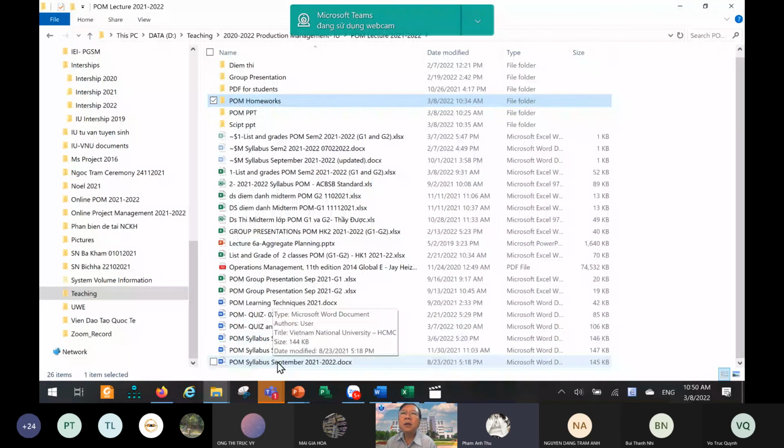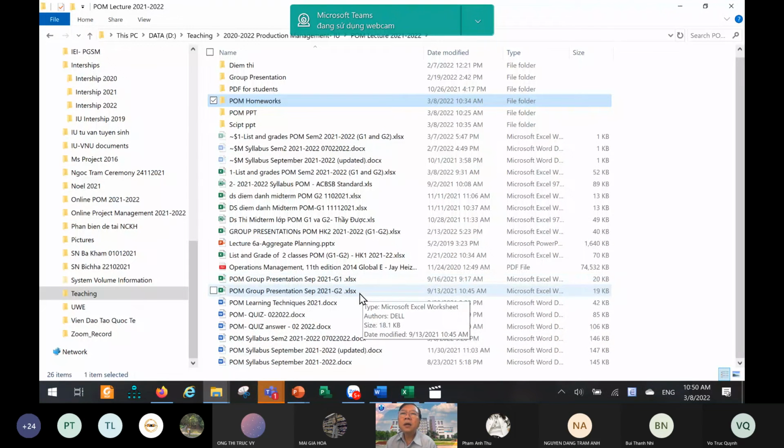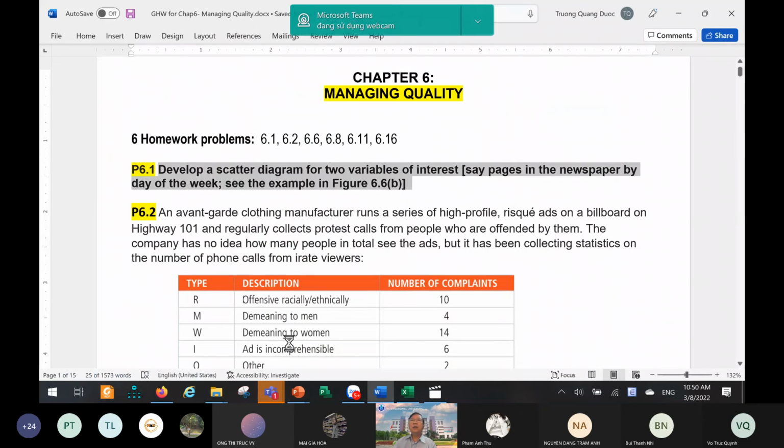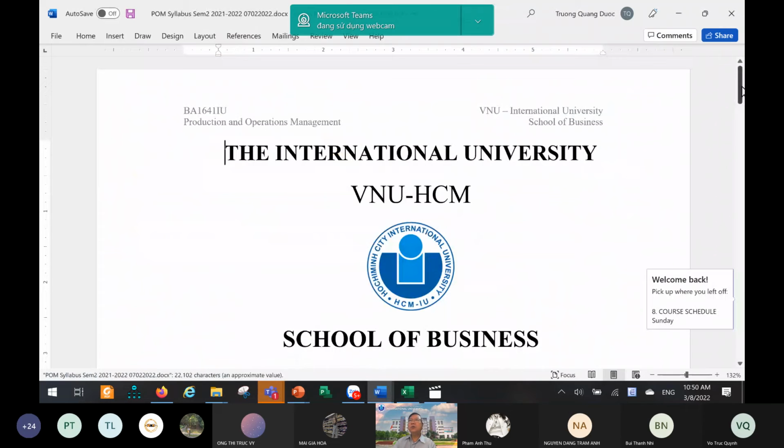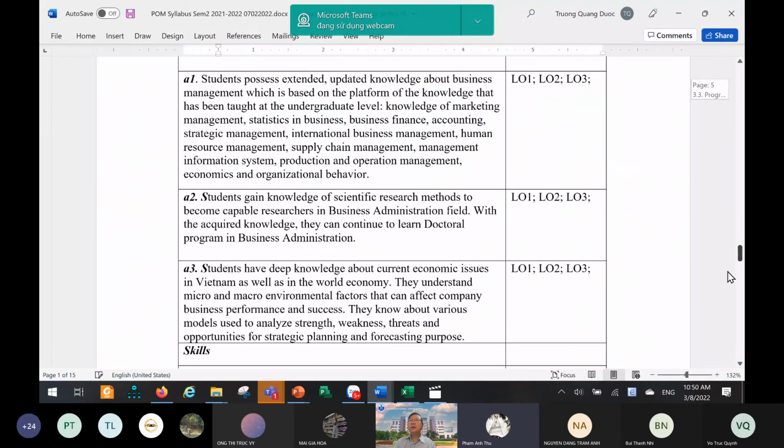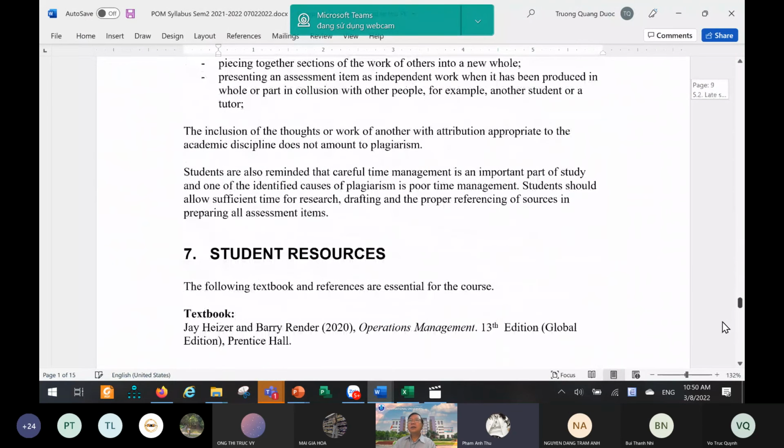Là multiple choice hết hả thầy? Không có multiple choice. Ai nói multiple choice? Tại em thấy là multiple choice. Multiple choice là lúc kia thôi.